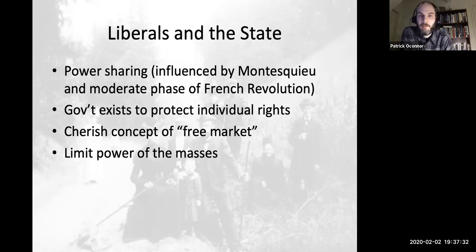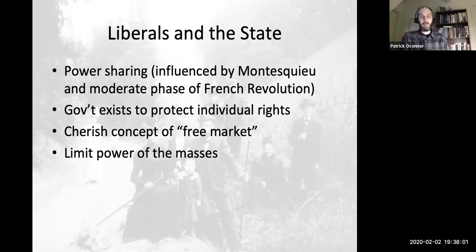Drunkenness, a moral failing. Starvation, a moral failing, right? And if the state, the government, tried to intervene in any of these problems, then it would be rewarding failure. It would be providing a benefit to someone who didn't deserve it, right? That would be tyranny. That would be Jacobinism. And a reign of terror would follow, surely.